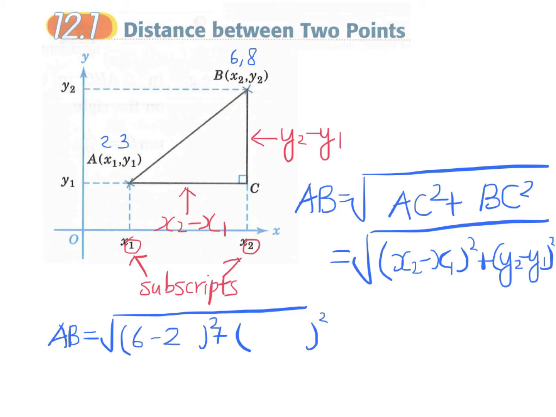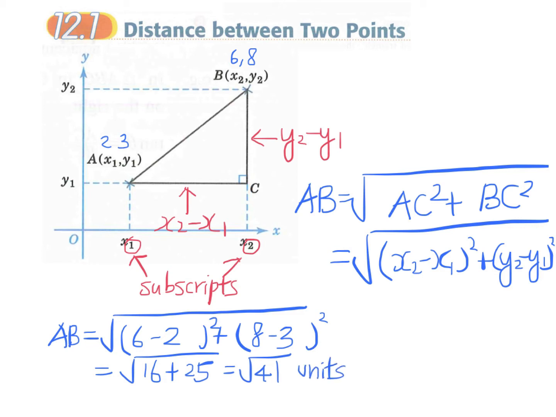Plus the difference of the y coordinates, which is 8 minus 3. And therefore we can simplify the expression. This is the square of 4, we have 16. And this is the square of 5, we have 25. And the final answer is the square root of 41 units.